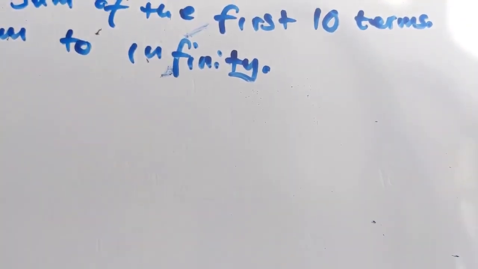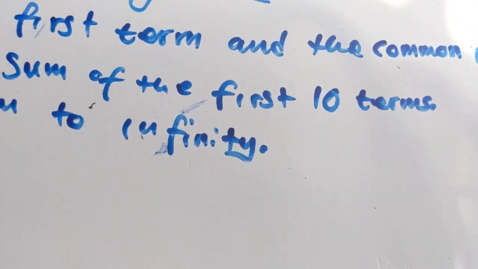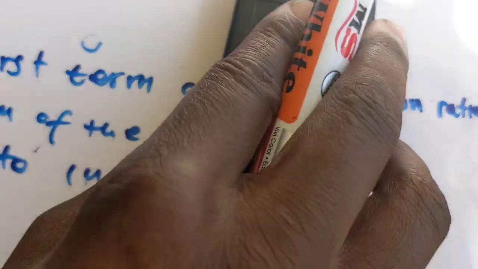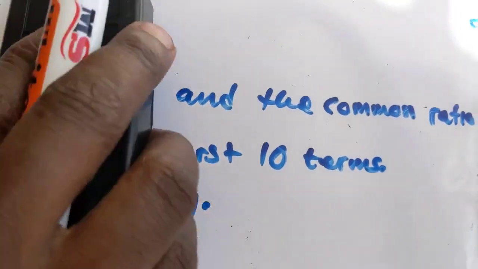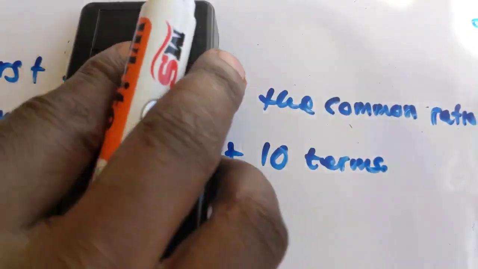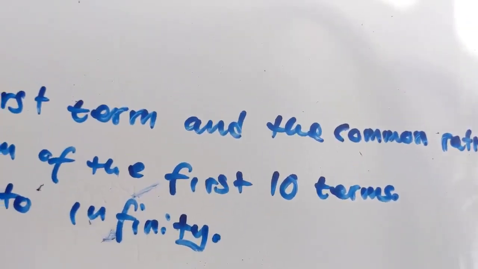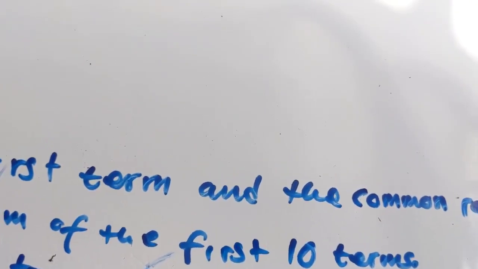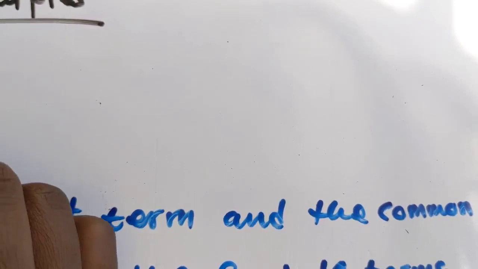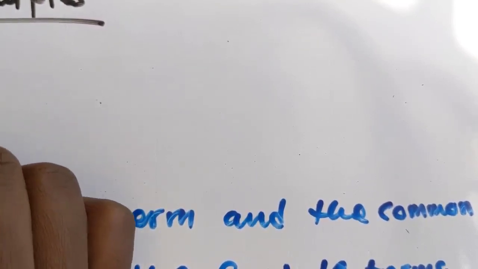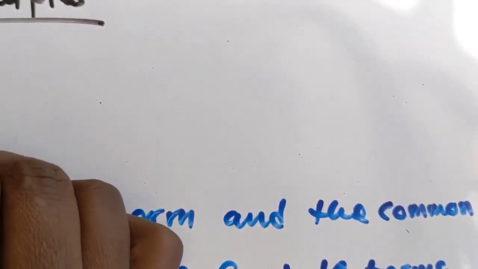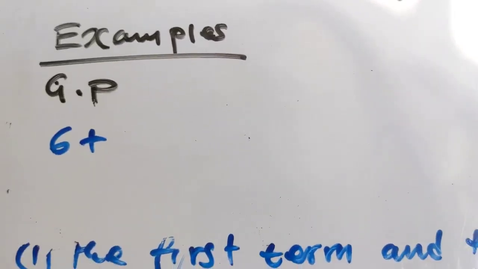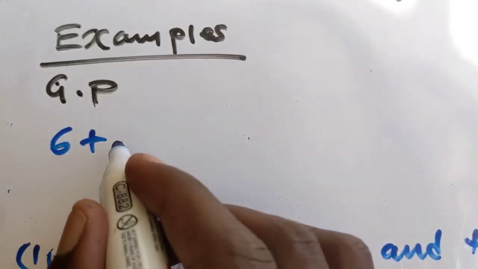Let me rub this part. So it is saying that the first 3 terms of a geometric progression are, I won't write the words. The first term is 6 plus n.